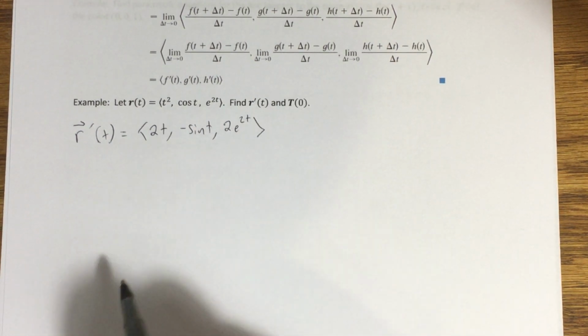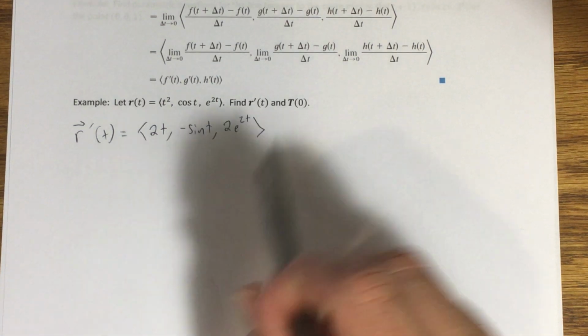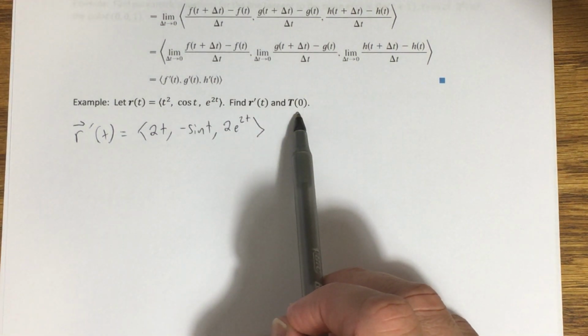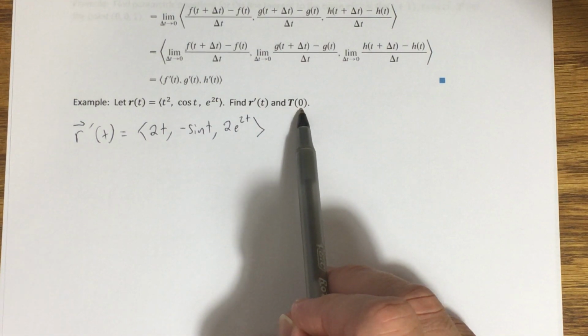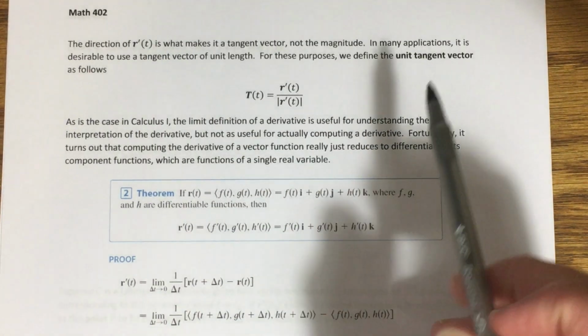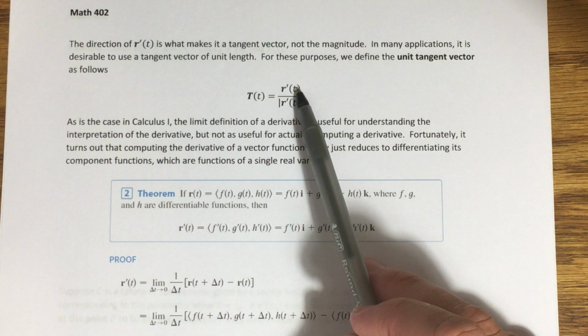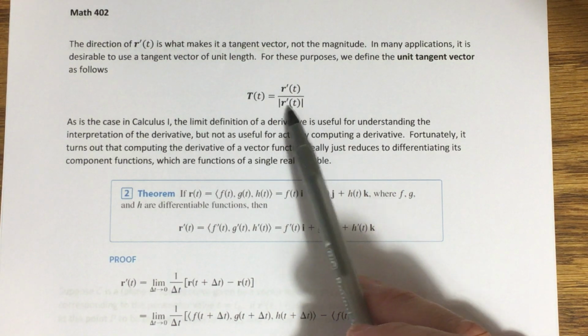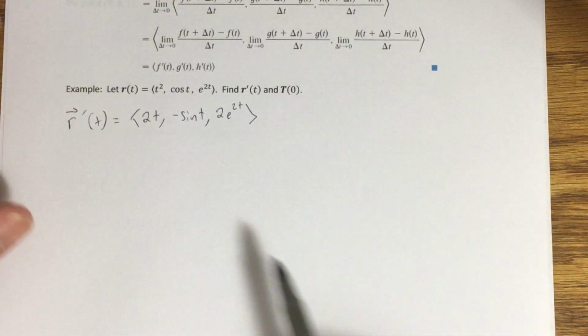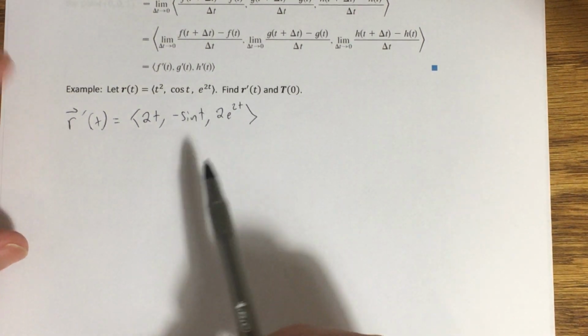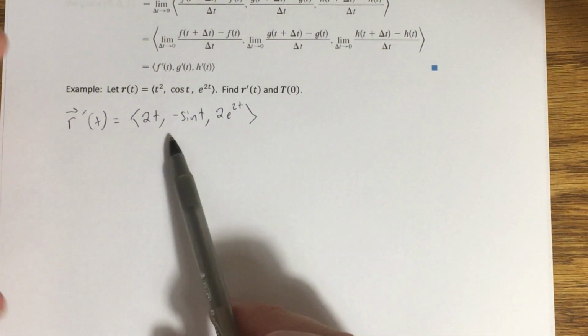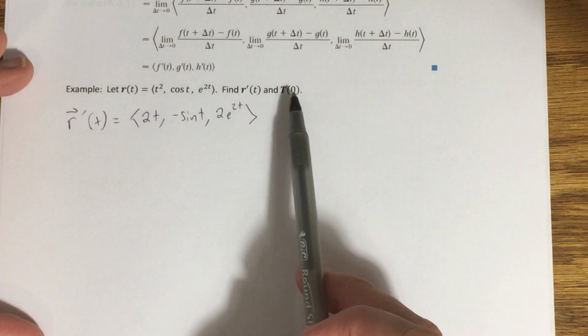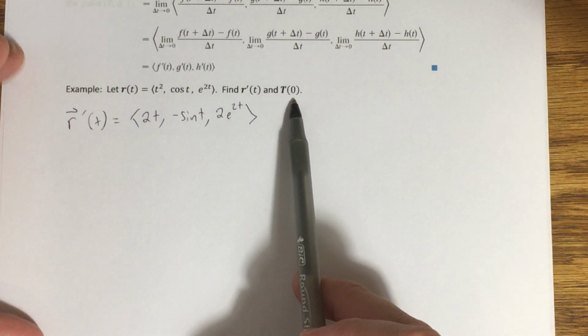Now let's take a look at that unit tangent vector. So what do I need in order to find the unit tangent vector at a specific value of t? Well, looking at our definition up here, we need r prime of t, which we just found. We also need the magnitude of r prime of t. Now, I don't actually need to take the magnitude of this thing as a function because we're only looking for the unit tangent vector at a specific point on that space curve.